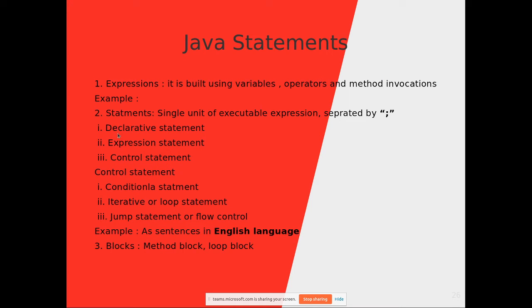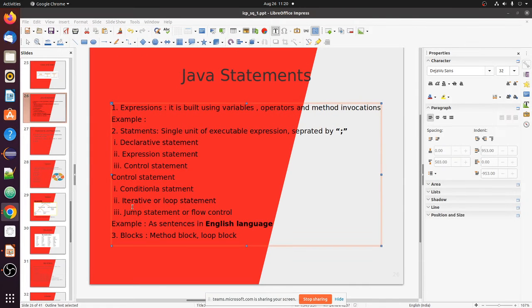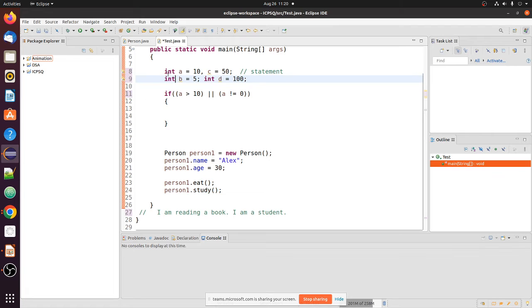One is the declarative statement, then the expression statement, another is the control statement. Control statements are conditional statements, iterative or loop statements, or flow control statements or jump statements. So what is a declarative statement? A declarative statement means we are declaring a variable like this, int a is equal to 10, c is equal to 10. This is a declarative statement.